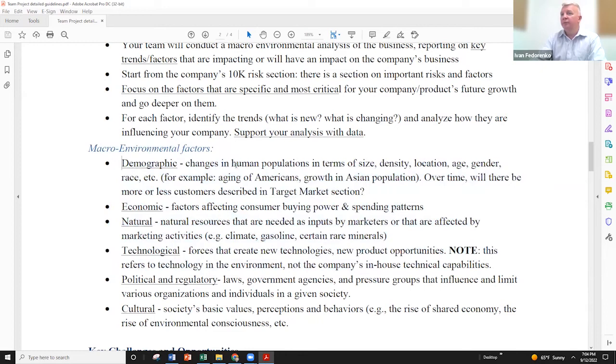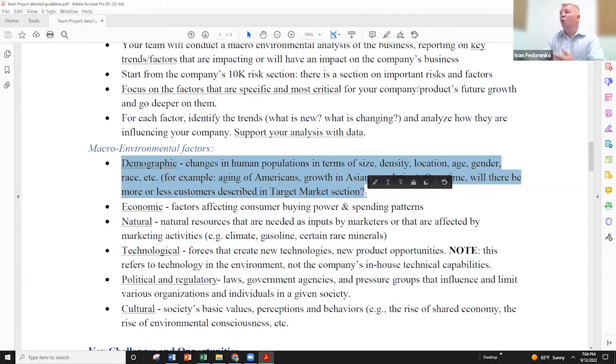Demography. Is there going to be more or fewer customers for them in the future? If we're talking about kindergartens or toy manufacturers, well, birth rates in the United States are very low. So there are going to be fewer and fewer kids around. The future doesn't look so bright for toy companies.